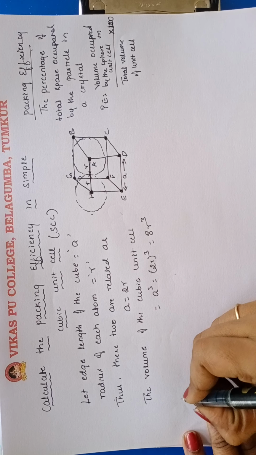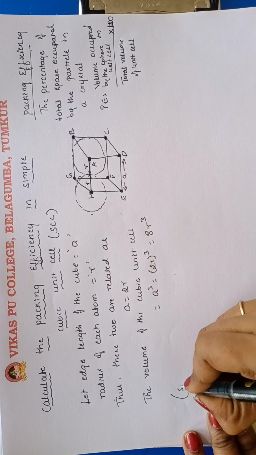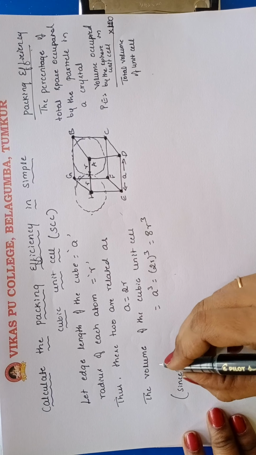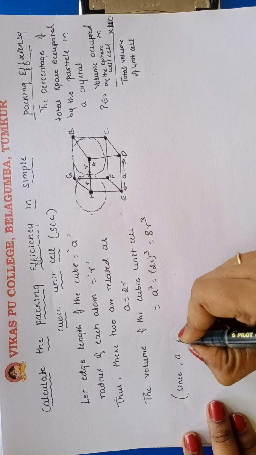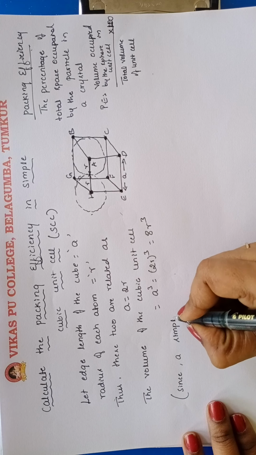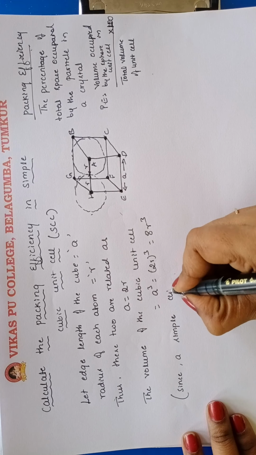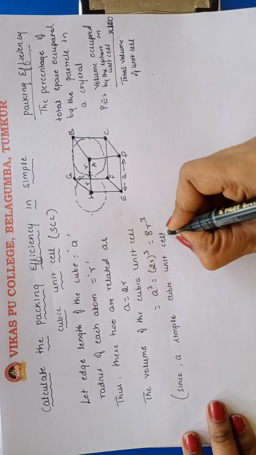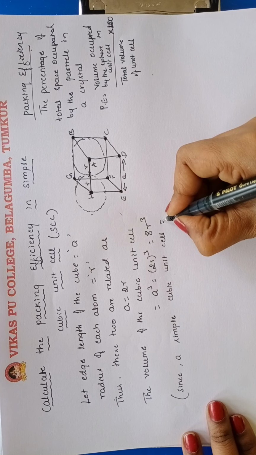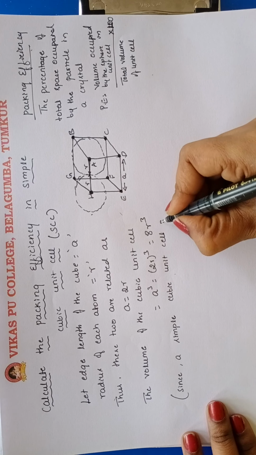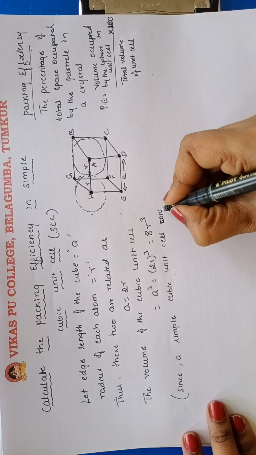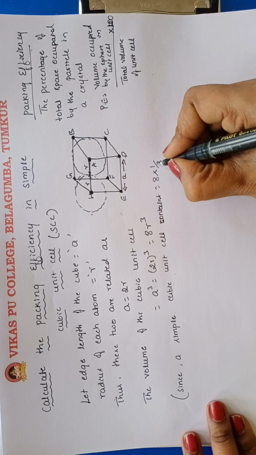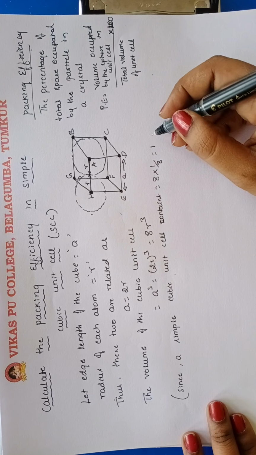We know that we already calculated the number of particles in SCC: a simple cubic unit cell contains 8 into 1 by 8, that is 1 particle.